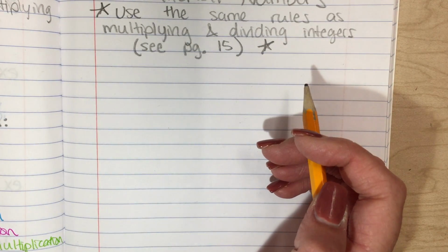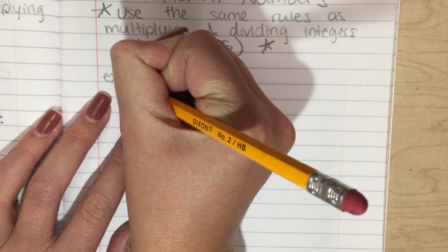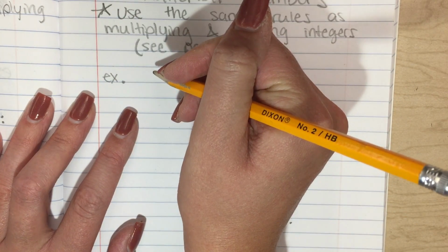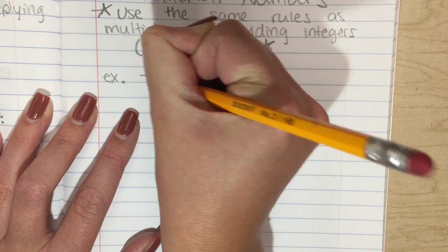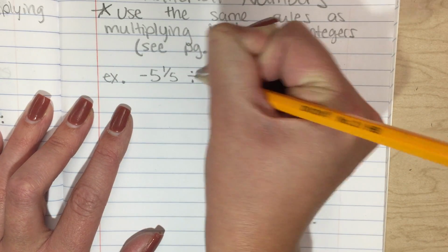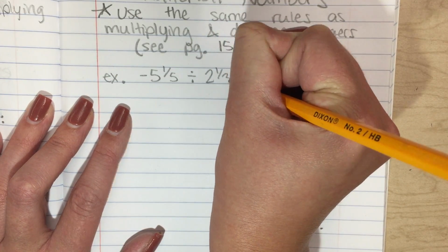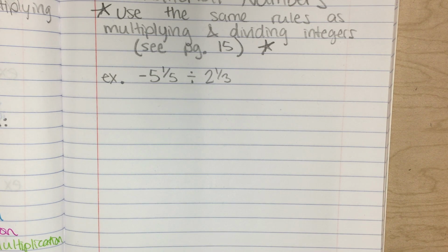So I'm just going to do some examples on multiplying and dividing rational numbers. So let's start by multiplying and dividing -5 and 1/5. Let's do a division problem to start. Divided by 2 and 1/3. All right, let's see what we need to do here.